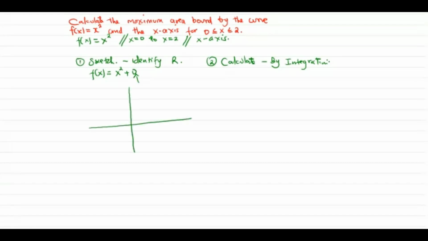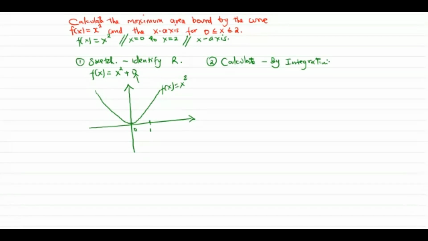So let's very quickly go on to sketch this curve. Our curve is going to be U-shaped and passing through the origin. So pretty much going to look like something like that. f of x equals x squared. Now we are given the boundaries of this area as x equals 0, which is basically that point.